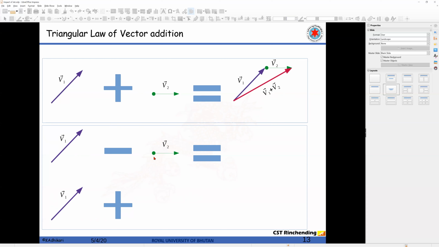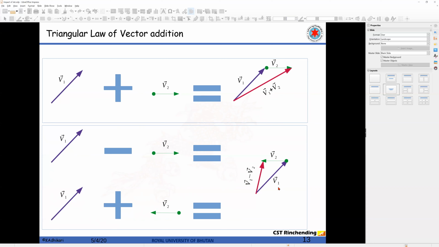So vector 1 minus vector 2 is as good as saying vector 1 plus vector 2 in the opposite direction. We use the same analogy as discussed: you draw vector 1, and from the tip you draw vector 2 in the opposite direction. Then from the base of vector 1 to the tip of vector 2 is the relative velocity of 1 with respect to the velocity of 2.